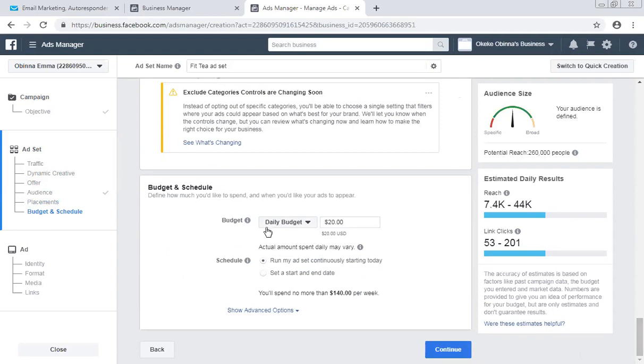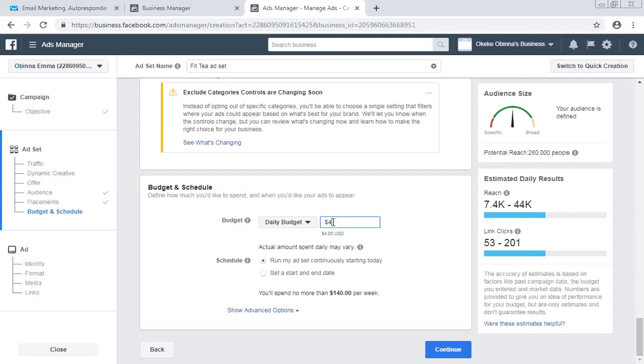Then the last level when it comes to the ad set stage is the budget. This is where you tell Facebook how much you want to spend on a daily basis and how long you want your advert to run. If you are running a test ad, and you are paying in dollars, I always suggest you start with $4 per day or $5 per day.